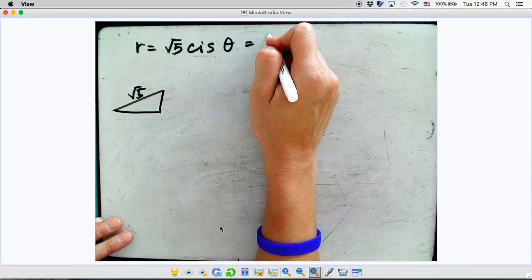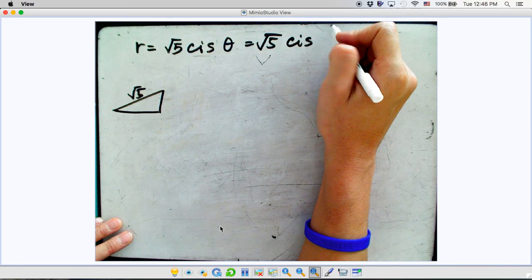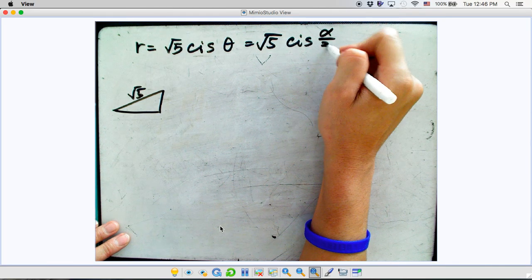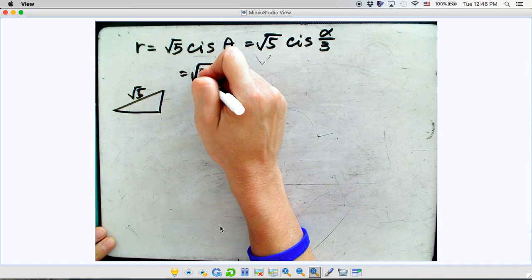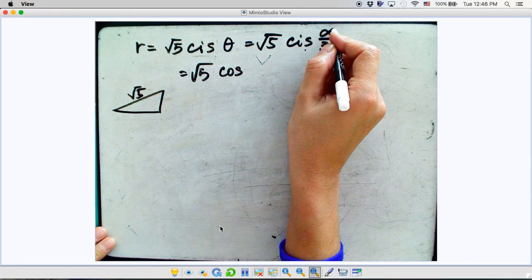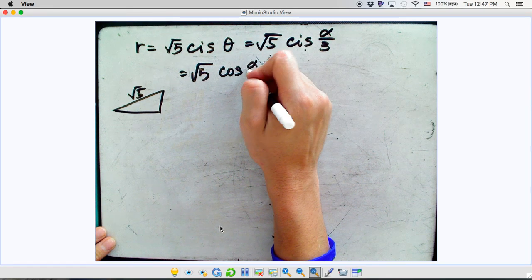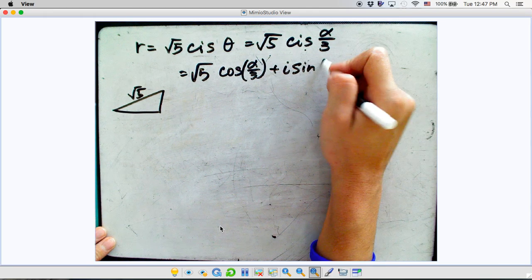So we have square root of 5 CIS alpha over 3, which equals square root of 5 times cosine of alpha over 3 plus i sine of alpha over 3.